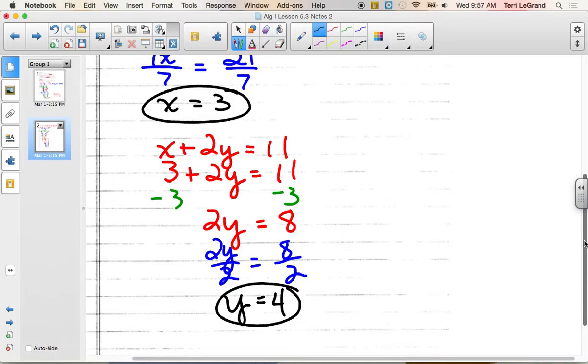Are we in agreement? Our x and y value, ready to set up our ordered pair solution? Okay, our solution is 3, 4.